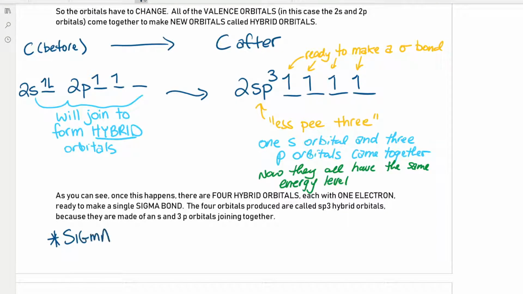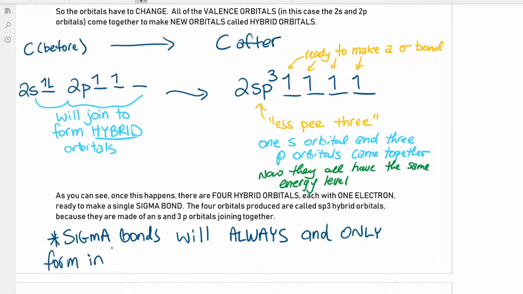Sigma bonds will always and only form in hybrid orbitals. The only exception to that is hydrogen, because it's in the first shell and it's just a 1s orbital. But for anything other than hydrogen, sigma bonds will always and only form in hybrid orbitals. So carbon has to hybridize its orbitals to make any sigma bonds.